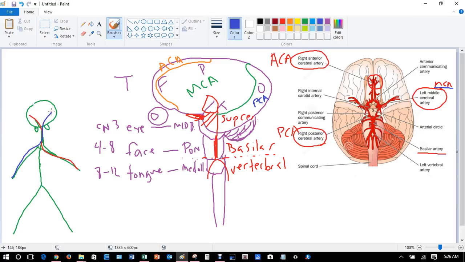So if you have a problem over here, then you're going to have a motor deficit down here on this side. So that's why it says contralateral problems. And so middle cerebral artery is going to have some contralateral paralysis of the upper limb and the face.